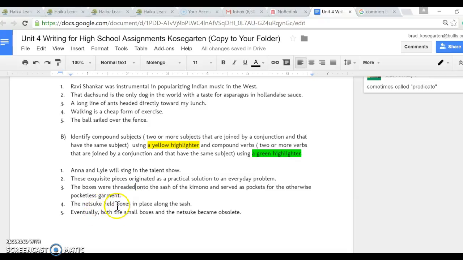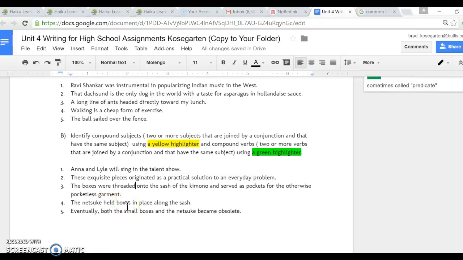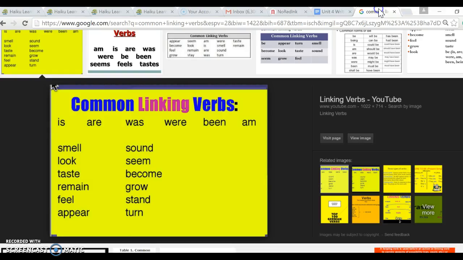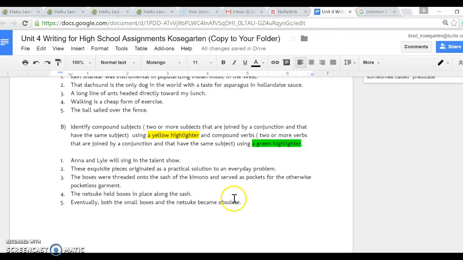Natsuki held boxes. Subject, verb, direct object. Boxes, Natsuki. Became is one of those linking verbs, past form of become. And then obsolete would be our subject complement.